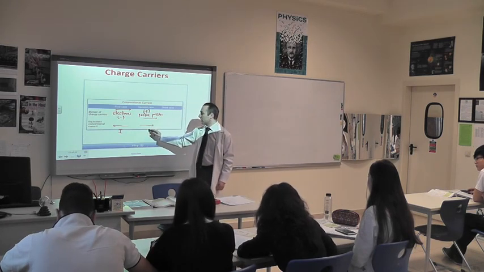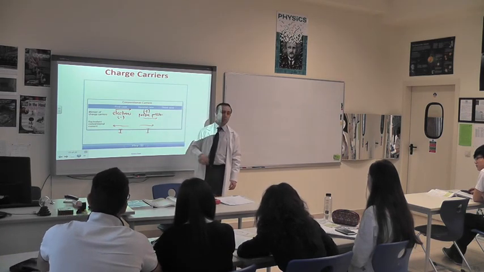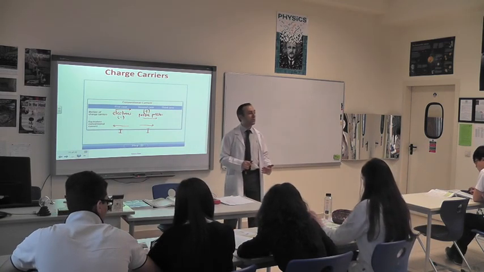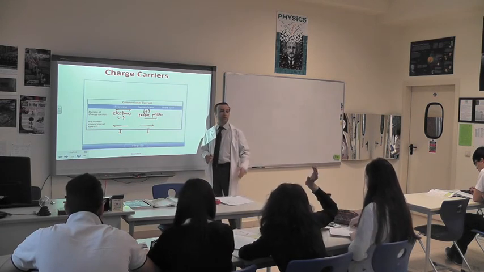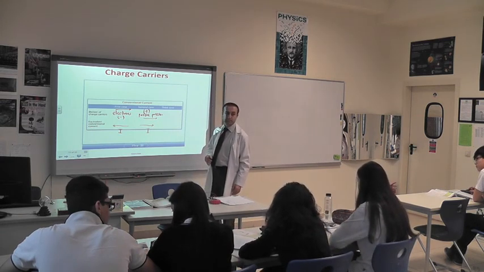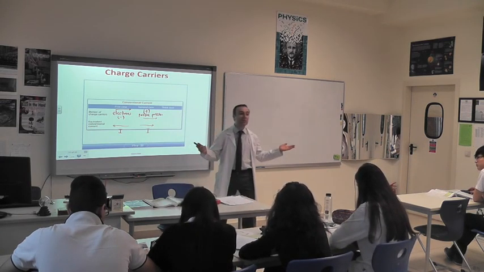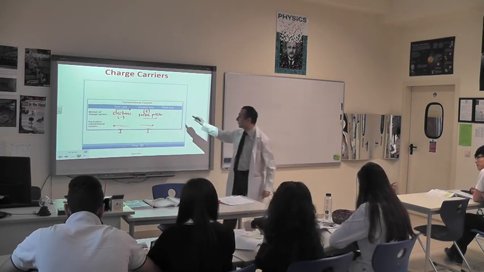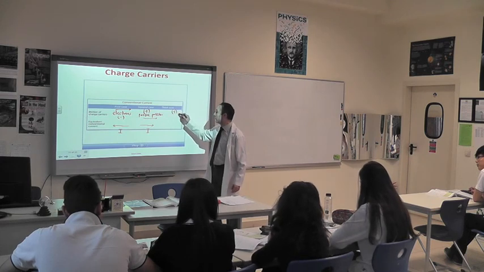So conventional current direction is always the same as the direction of positive charge flowing in the circuit. So the charge is not always electrons. It can be positive: a proton, a positive ion, or even, in the third case, both.